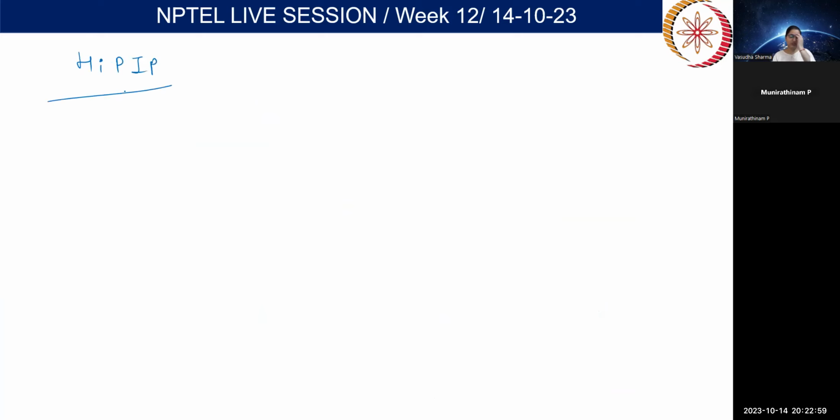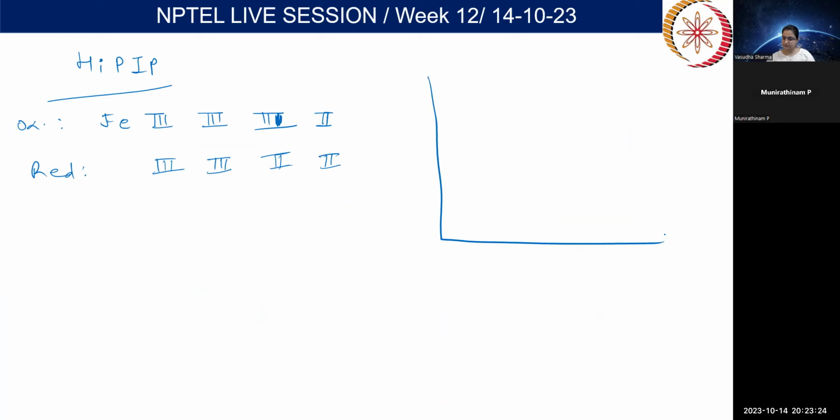Similarly, in the case of HiPIP, the high potential iron sulfur protein, we expected the oxidized state to have 3 irons in the plus 3 oxidation state and 1 in plus 2, and the reduced state corresponding to this becomes iron 2 and iron 2. But here also we were expecting a 3:1 intensity of iron 3 plus and iron 2 plus.